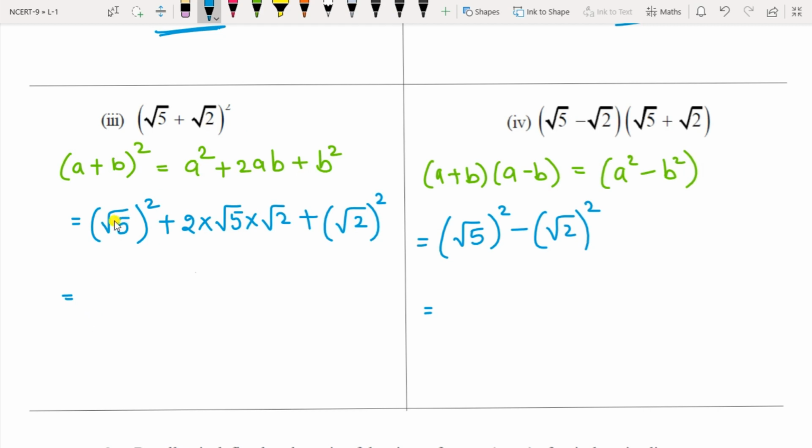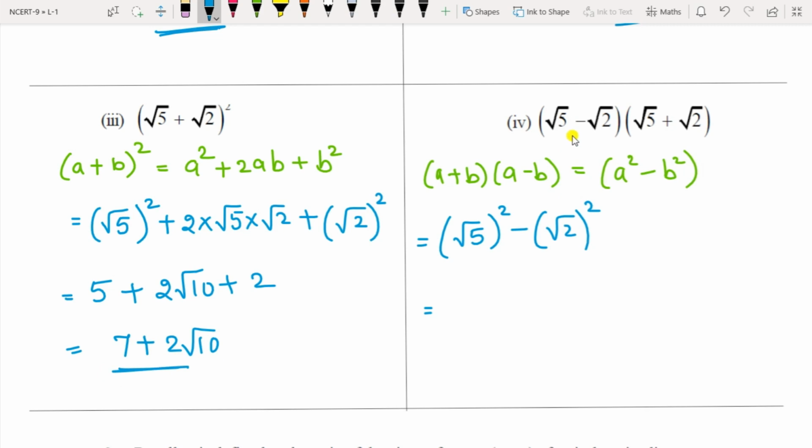Root 5 square, as I have just said, if the number is under root and it is squared, then the square root is removed, so it becomes 5, plus 2 root 10, plus 2. 5 plus 2 are integers, so you can add them: 5 plus 2 is 7, plus 2 root 10, but this cannot be added as it is an irrational number, so you have to keep it like this only.